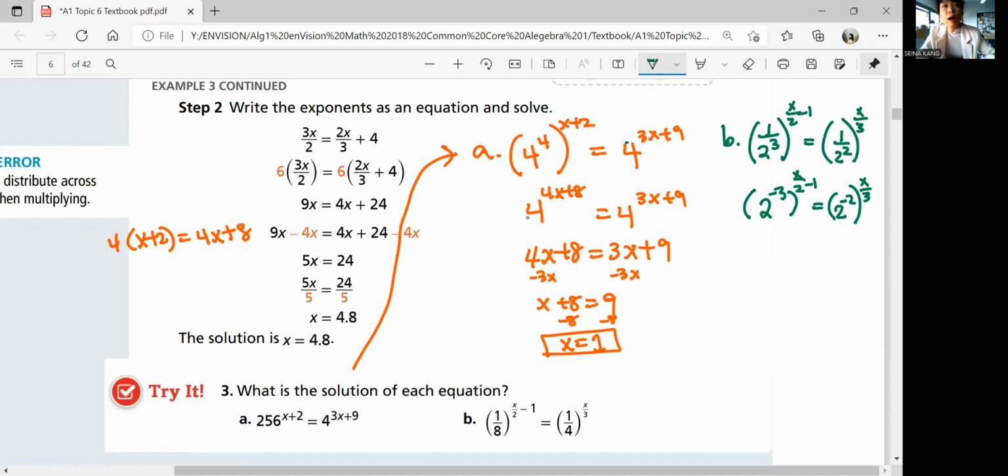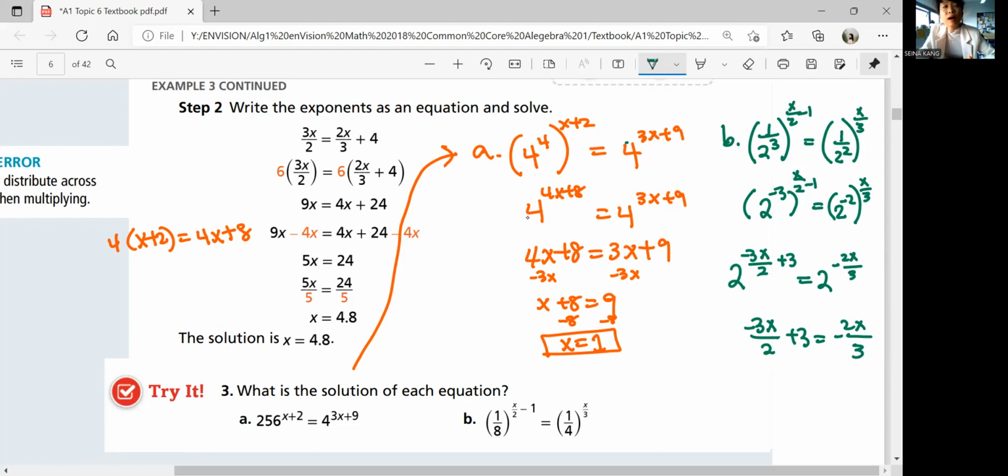Right? So your powers are going to be negative 3x over 2 plus 3 and negative 2x over 3. So you're just going to set them equal to each other. Negative 3x over 2 plus 3 is equal to negative 2x over 3.